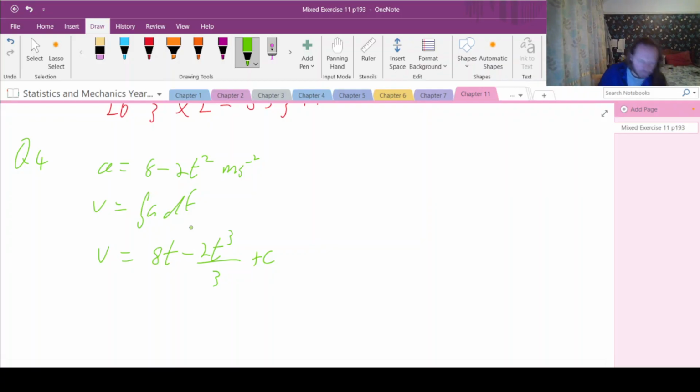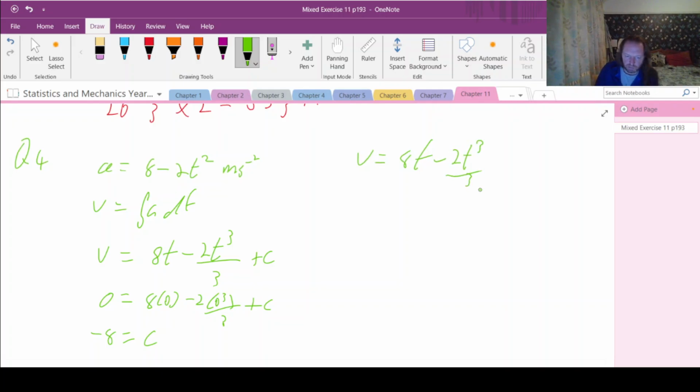So we've got 0 is equal to 8 times 0 minus 2 times 0 cubed over 3 plus c, and so minus 8 is equal to c. Alright, so now we've got a velocity equation, which is 8t minus 2t cubed over 3 minus 8.